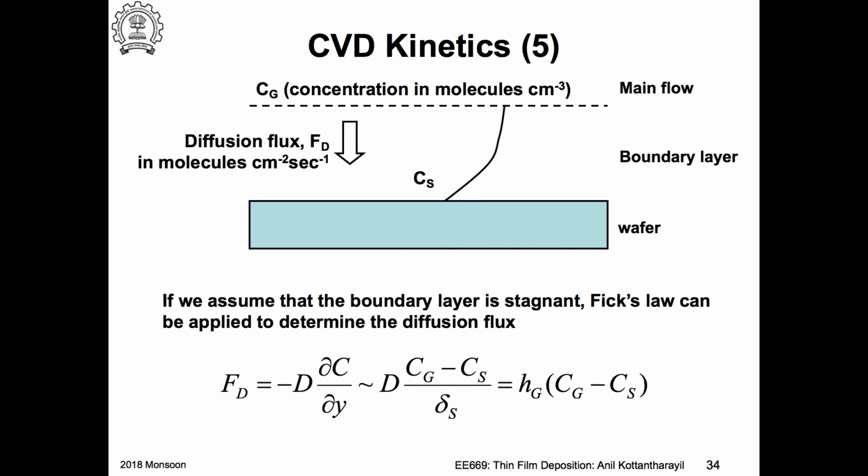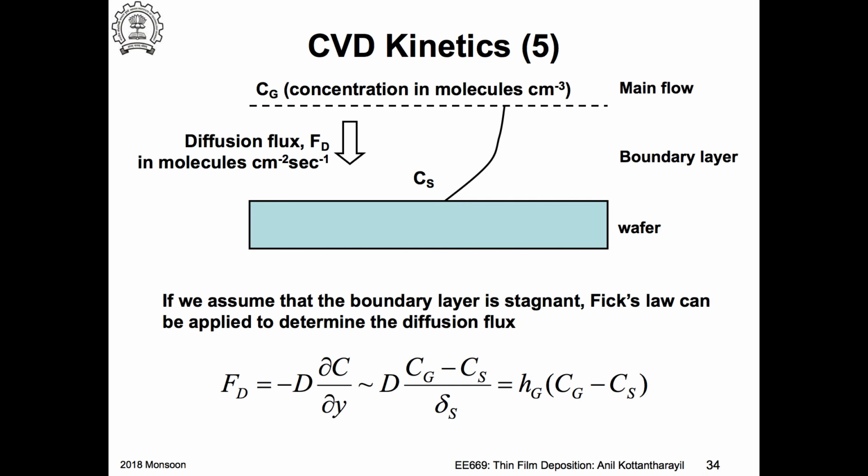So you have this main flow, boundary layer, and this is a substrate on which you want to deposit, okay. So Cg is the concentration of the reactant molecules in the main gas flow. You have a diffusion across the boundary layer, and the concentration on the surface will be lower because the material is being consumed in the deposition process, okay.